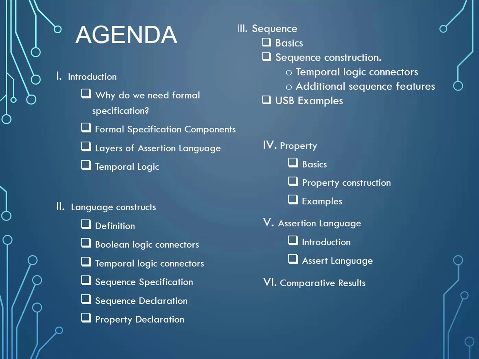We will go through how to write properties, and also through the assertion language, which is not just writing assertions, but having assumes and covers out of the same specifications that we already wrote in properties and sequences. We will also have comparative results against Perl scripting and procedural blocks.